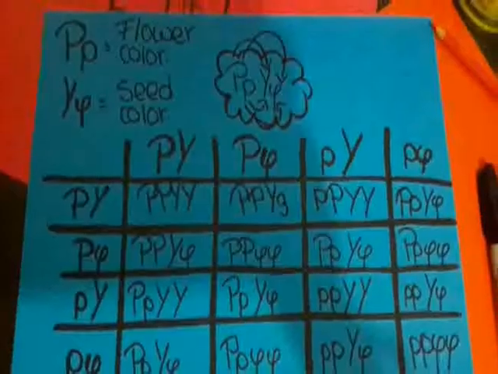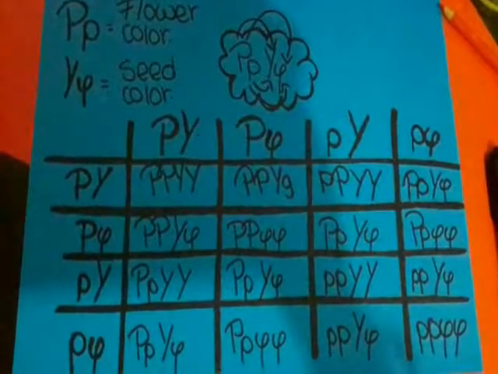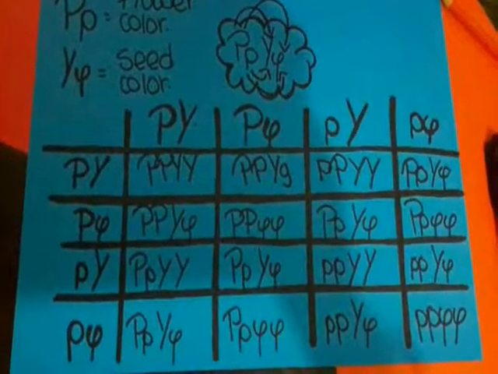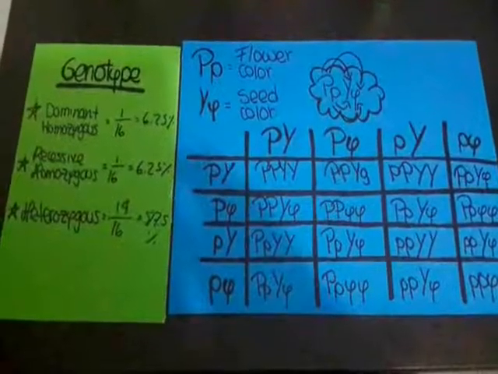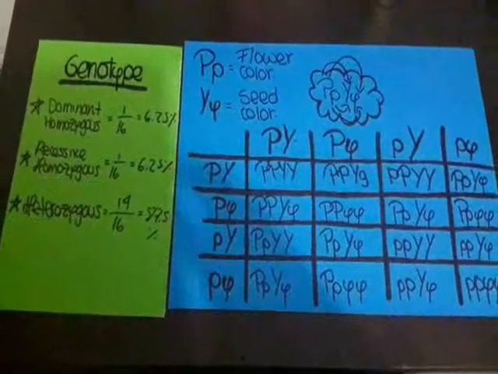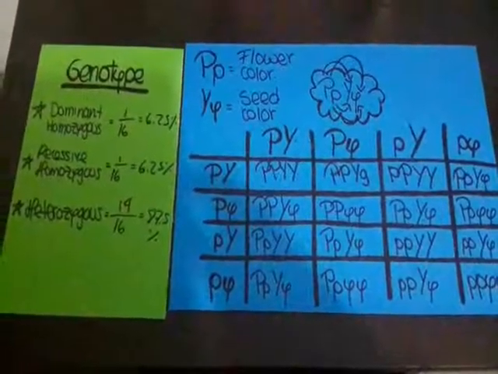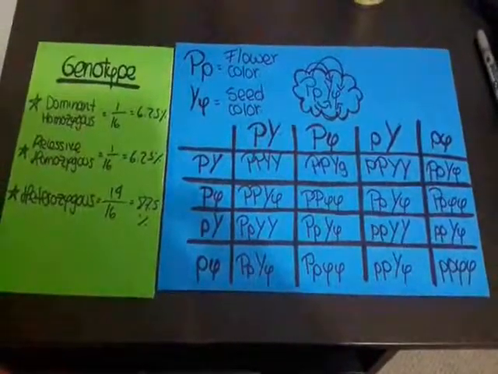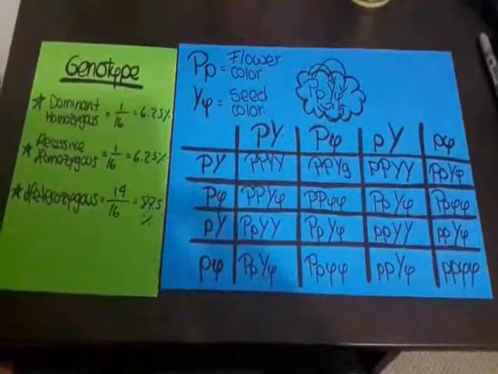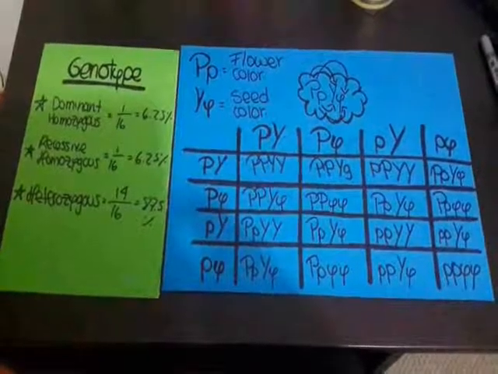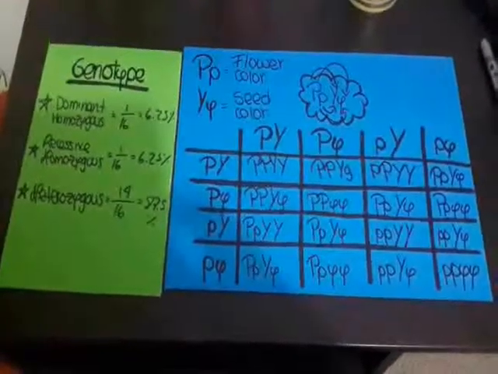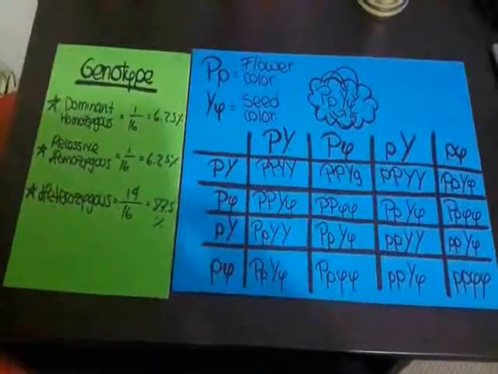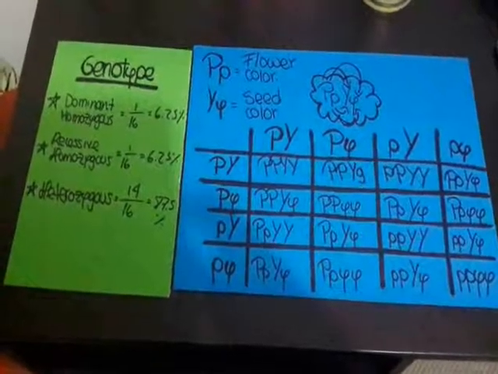Now let's start doing the results. So we're going to do genotype and phenotype results. So here I do the genotype results. This is really easy. You only have to look for the squares that have equal traits, that have all the letters of recessive trait or all the letters of dominant trait.